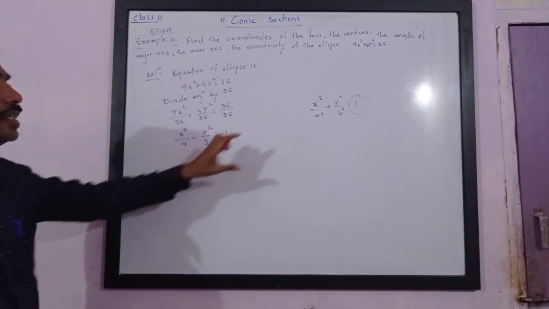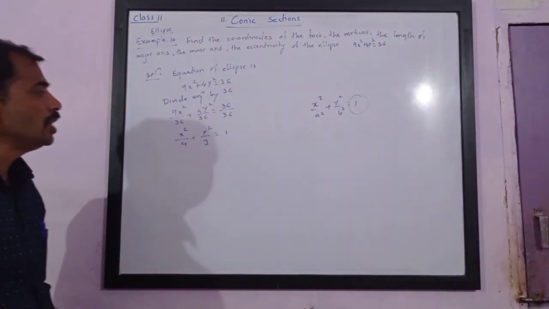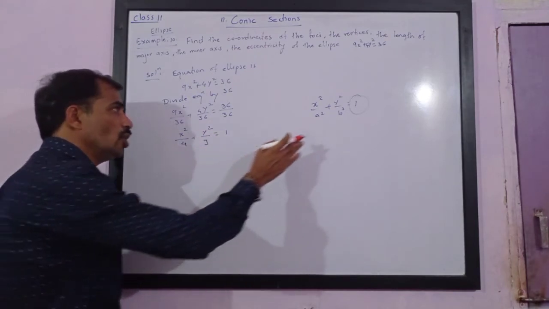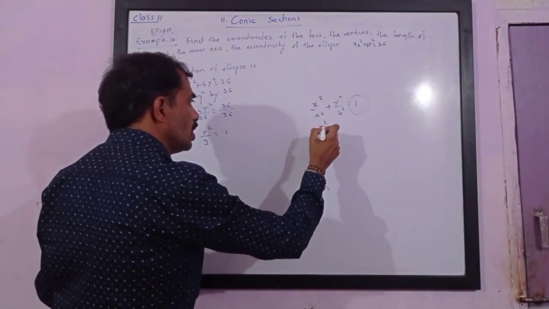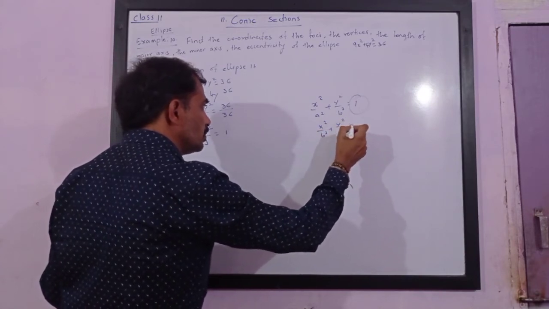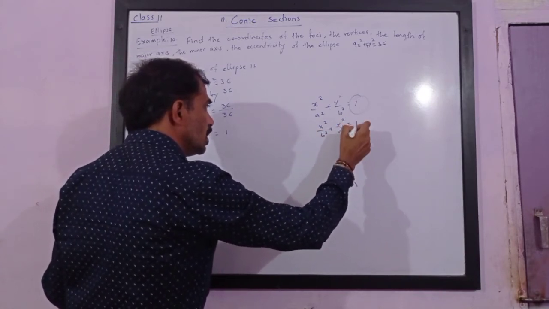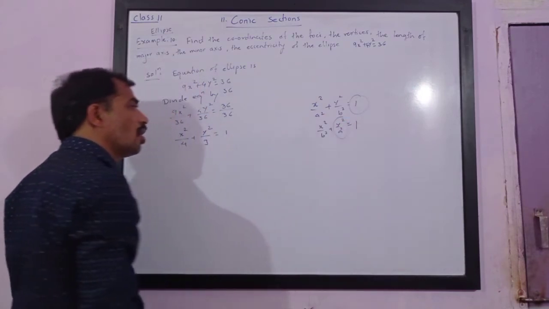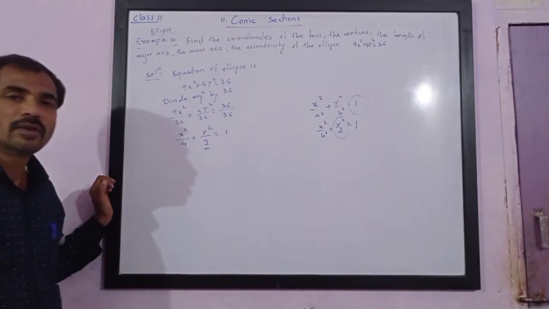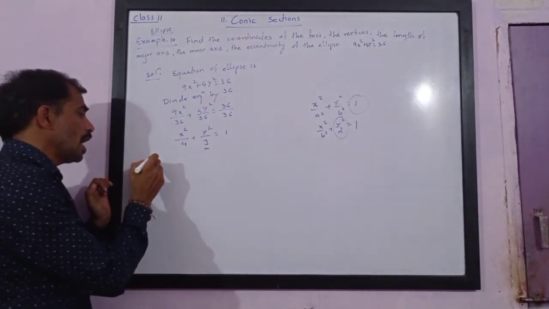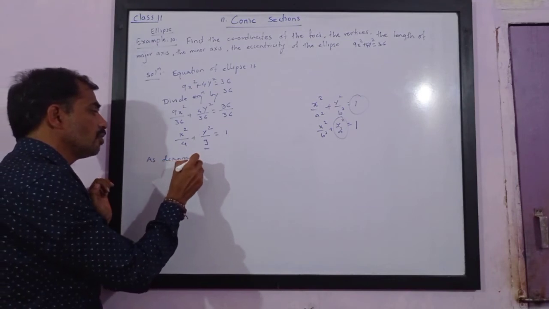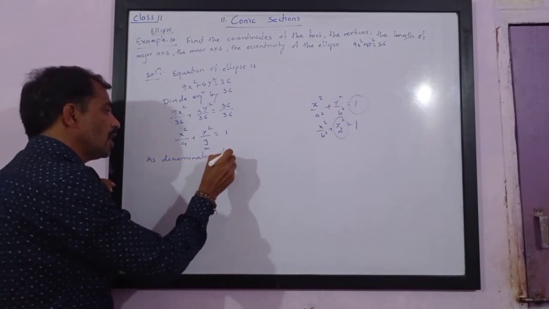Now, please note, here the denominator of y square is bigger. So the equation is of the form x square upon b square plus y square upon a square is equal to 1. Here the major axis is along the y axis, as the denominator of y square is bigger.